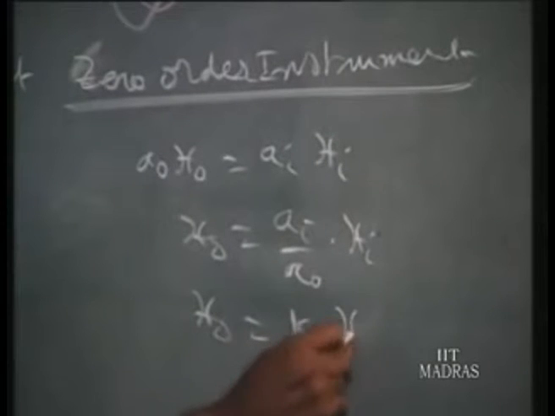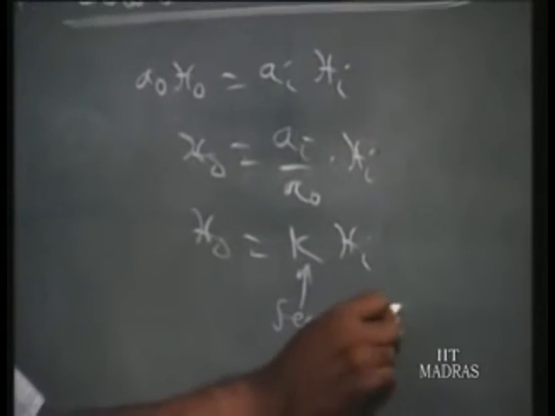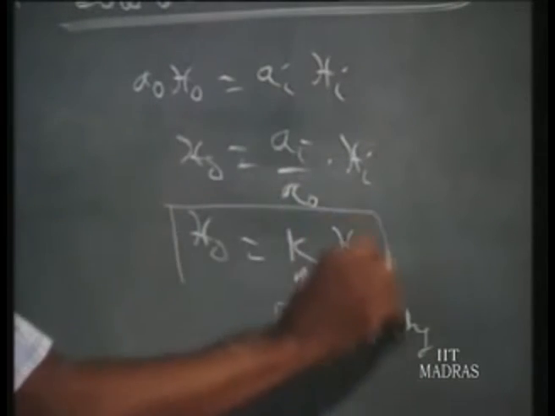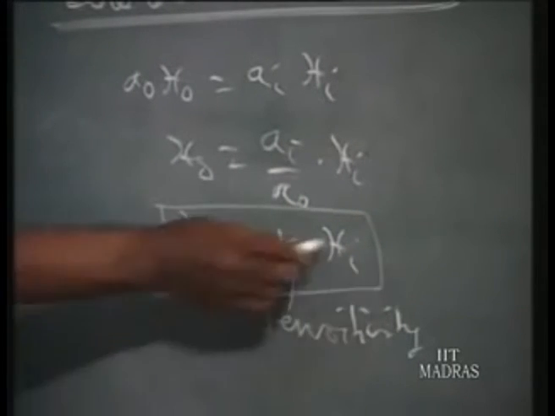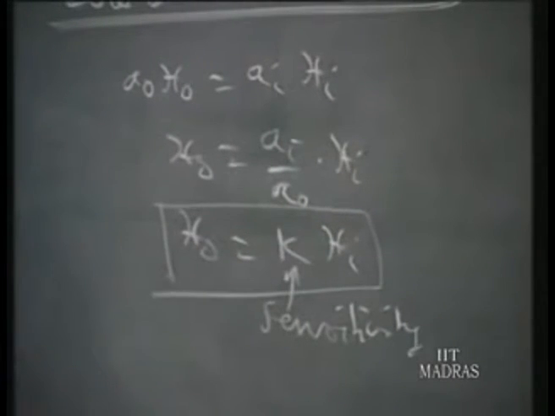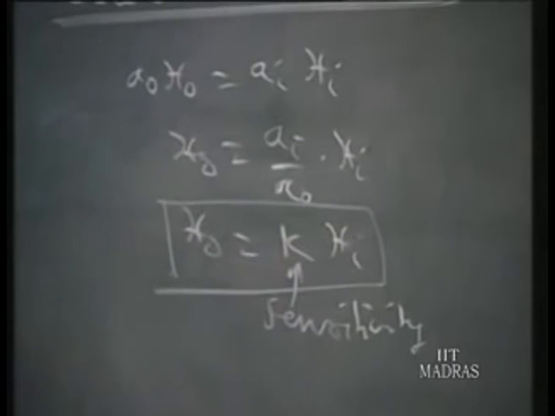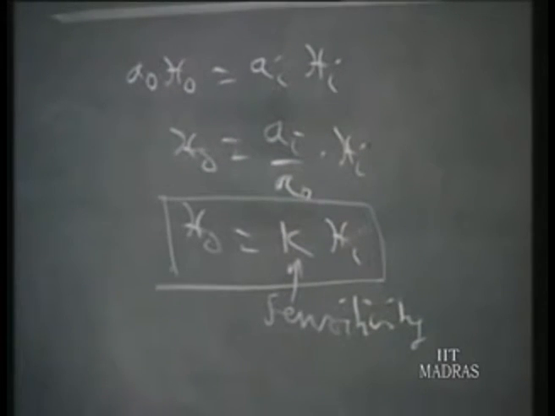So xo = k xi, where k is the sensitivity of the instrument. So this is the equation for the zero order system. What does it say? The moment you give xi, you get xo according to this equation. There is no time lag, and this sensitivity is a constant. xo is perfectly proportional to xi. This is the way it is understood.